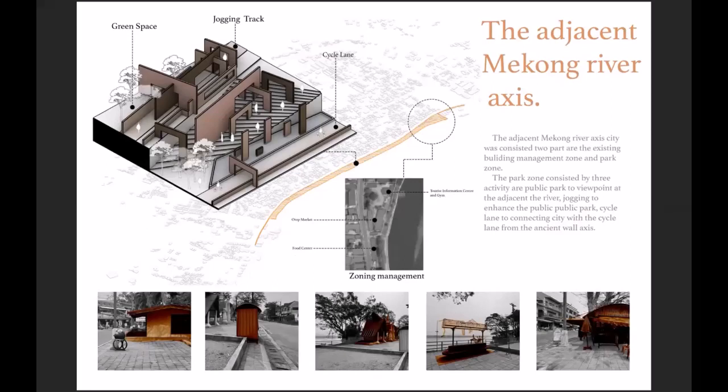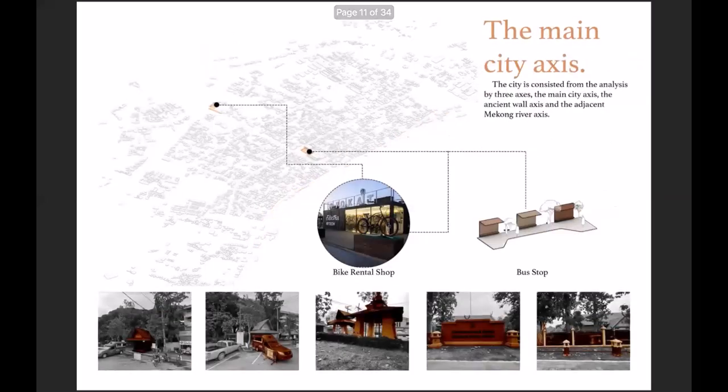This area would be green space of the city. The main axis of the city is analyzed by 3 areas: the main city, the ancient wall, and the adjacent Mekong River.